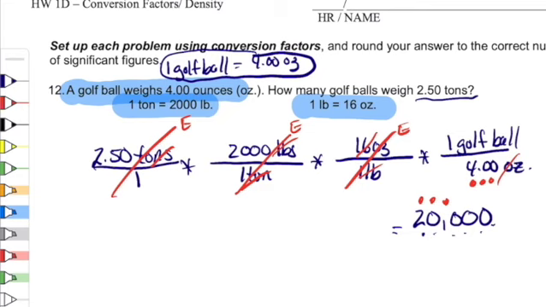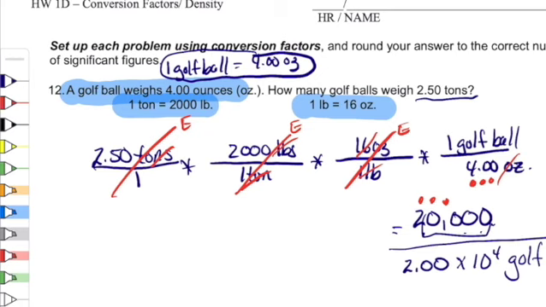You get around that through scientific notation. Now I have my answer written in the proper number of significant figures. Sometimes this will happen where you just cannot express your answer to the right number of significant figures as an ordinary number. All right, well, that's how you do number 12, and we're going to go on to number 13.